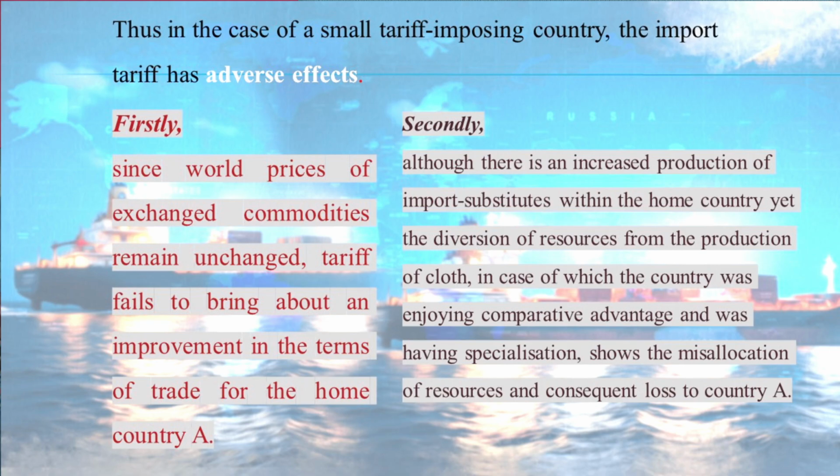But in the case of its own commodity, clothes, the small country was enjoying a competitive advantage and specialization. Due to the imposition of tariff, it shows the misallocation of resources and consequent loss to the small country A.